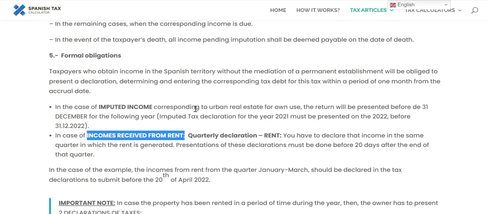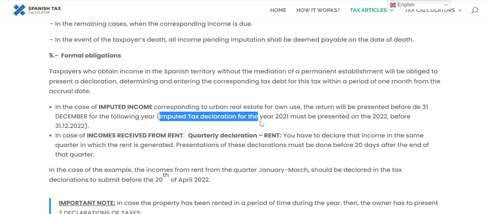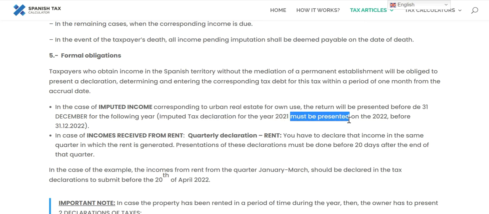You have to declare those taxes the following year. For example, if the imputed income has been generated in 2021, the tax declaration must be presented and paid before the end of the year 2022, so before the 31st of December 2022.